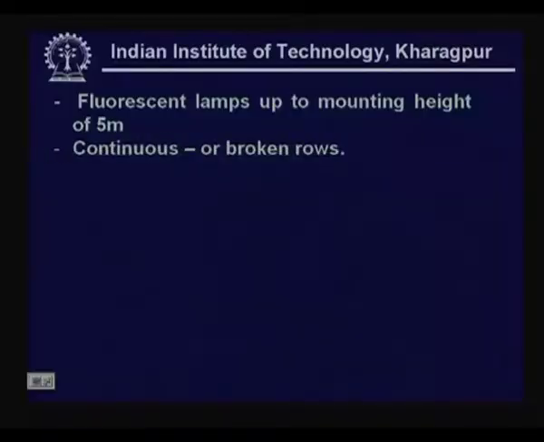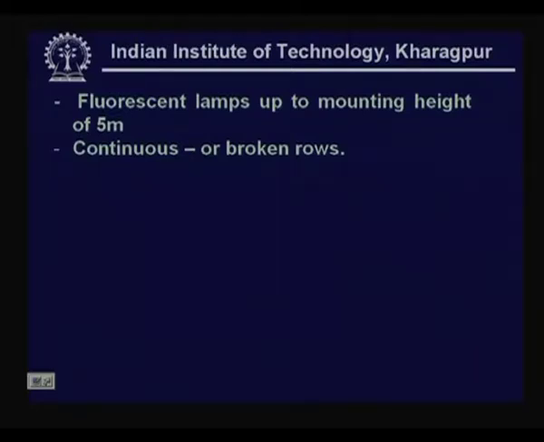We have been talking about the various ways they can be mounted. One is surface mounting, the other is recessed, and the third is suspended. Suspended mounting used to be the conventional thing when the roof heights were very large, and they could be placed in continuous or broken rows, or as discussed in the last lecture, in a matrix where, depending on the room index, we could have the form of a matrix.